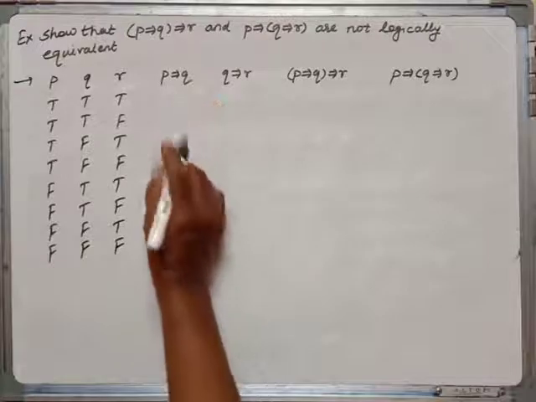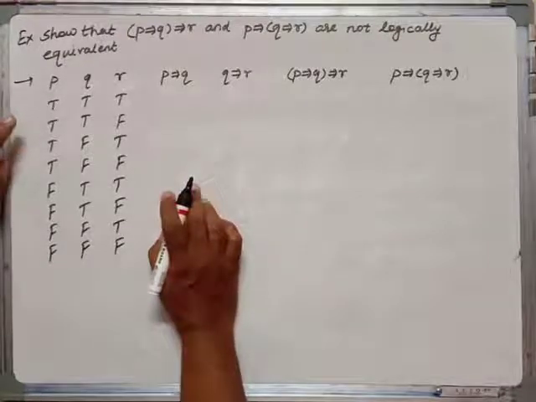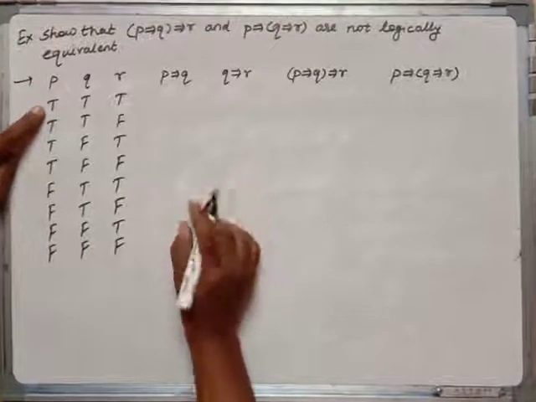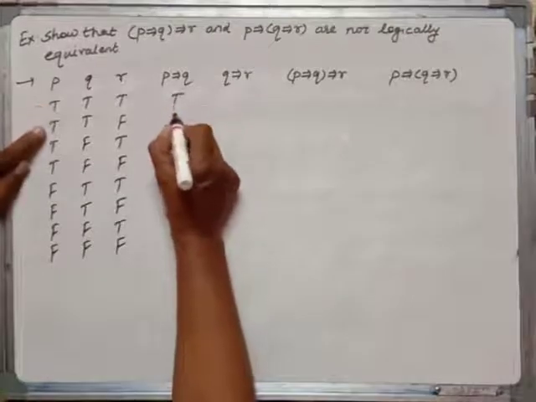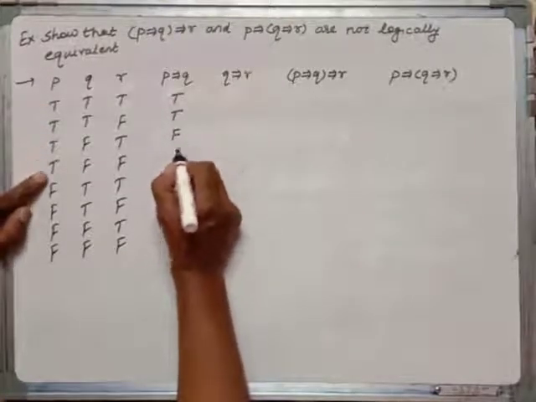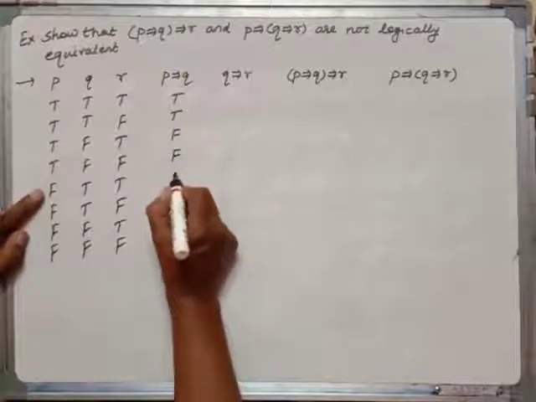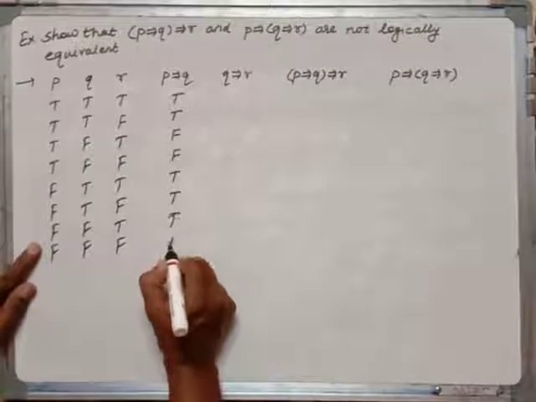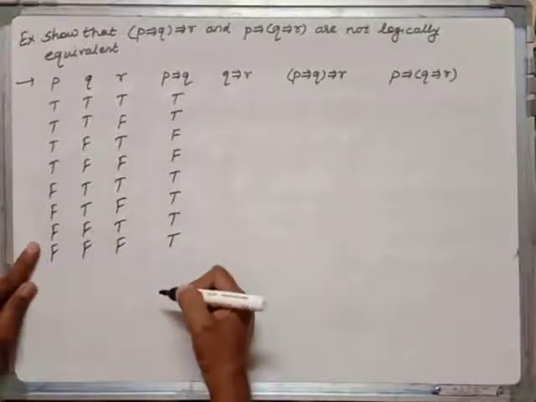Now P implies Q. Implication is false only when the premise is true but the consequence is false. Otherwise it is true. Now true implies true is true. True implies true is true. True implies false is false. True implies false is false. False implies true is true. False implies true is true. False implies false is true. And again false implies false is true.